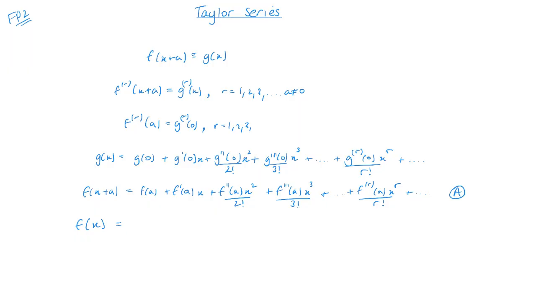And then I get f of a plus f dash of a. Now instead of times by x, we times them by x minus a, plus f double dash of a over 2 factorial times x minus a squared. And you can hopefully now see the pattern, all the way up to a general one.